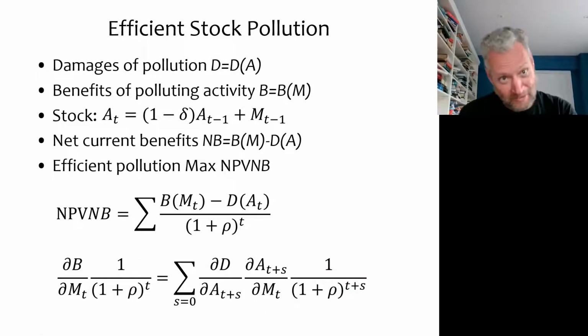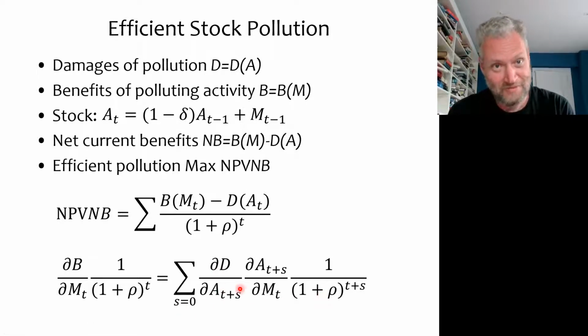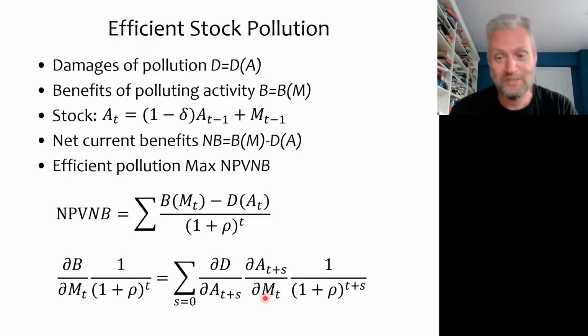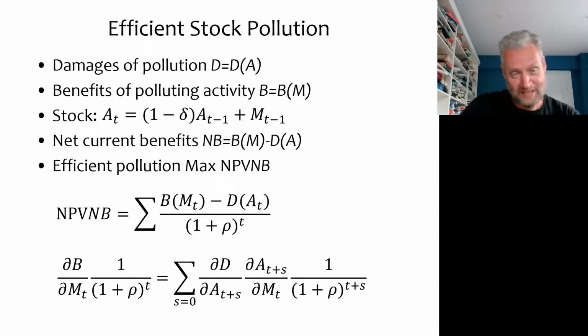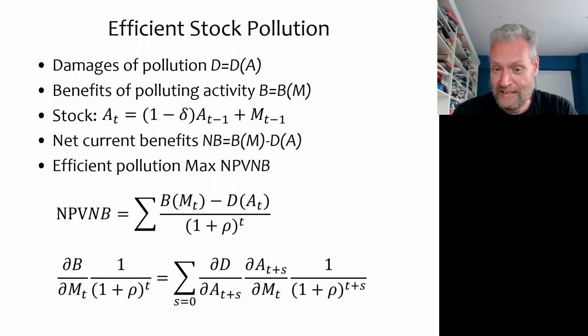But then that year after, s is 1, there's also stuff added to the stock, and that also does damage, additional damage, and so on and so forth. And that is a flow of additional pollution from now into the indefinite future, right?